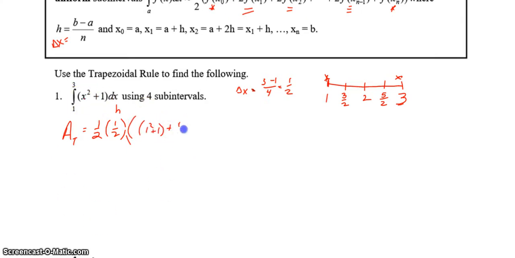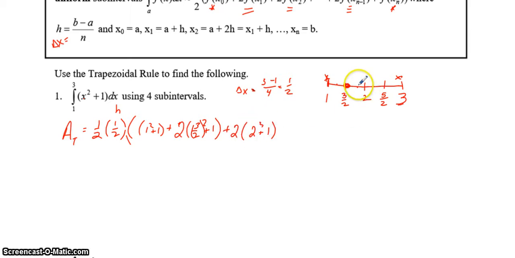Then 2, when we plug in 3 over 2. Again, because this is used in 3 halves, is used the trapezoid on the left and on the right. 2 when we plug in 2.